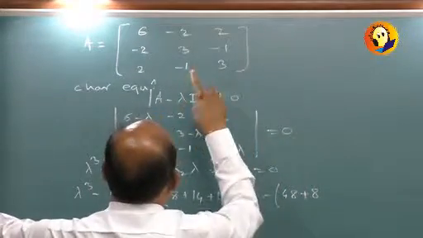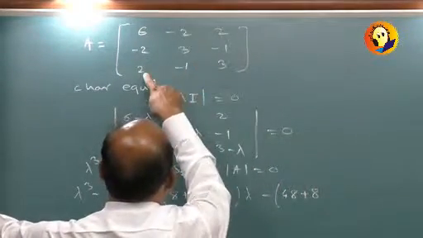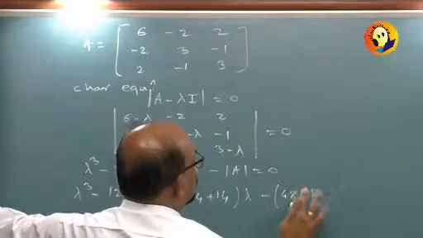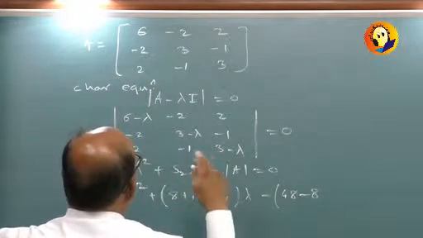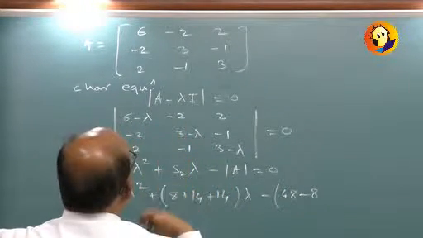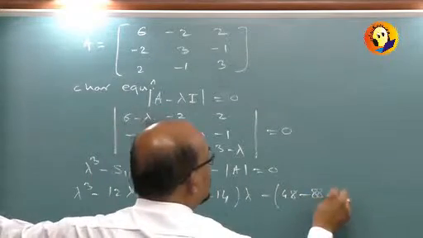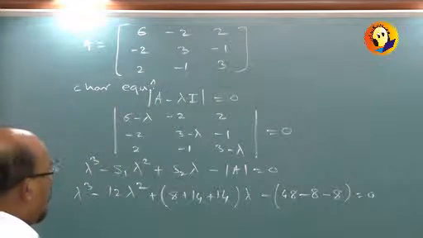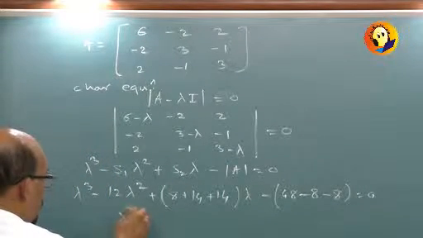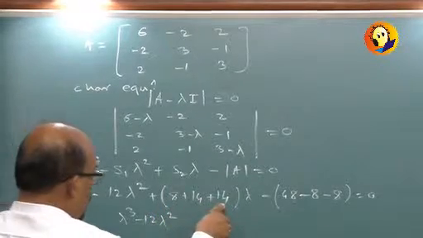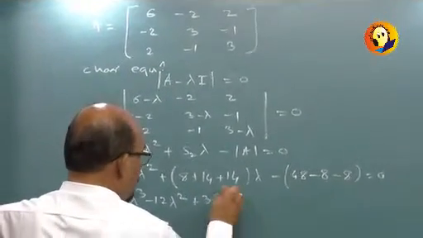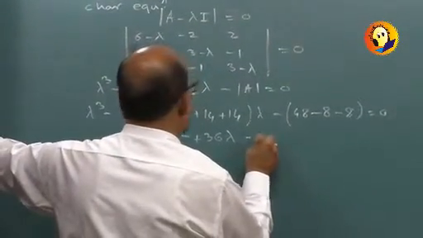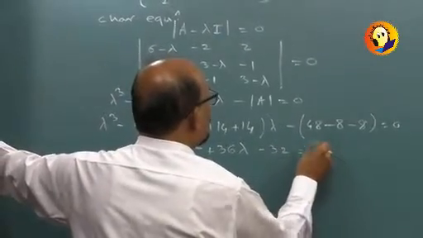Minus minus plus 2, it is minus 6 plus 2 minus 4, and outside it is plus 2 minus 8, and the last one will be 2 minus 6 minus 4 and again minus 8. Lambda cube minus 12 lambda square plus 36 lambda, and this is minus 32. Is this right?